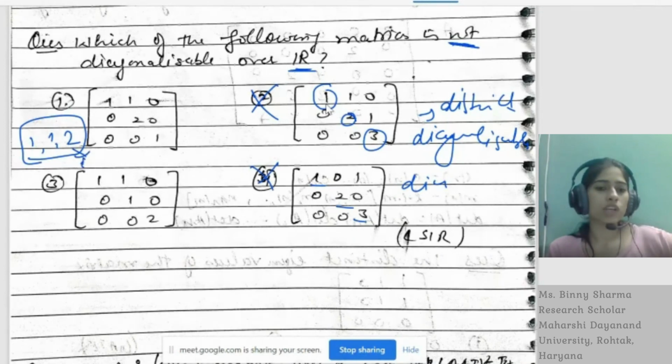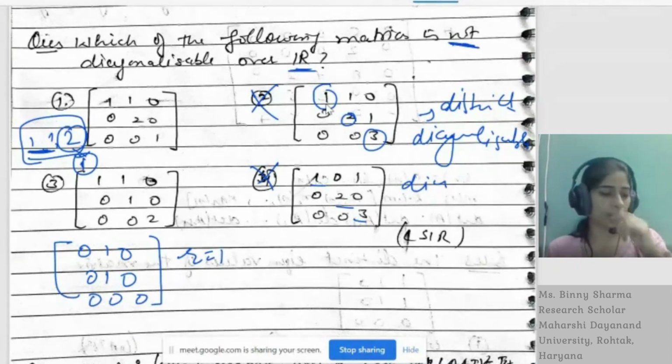Here we have to check what will be the geometric multiplicity of the eigenvalue 1. So we check the matrix A minus I. Rank is 1 and the algebraic multiplicity is 2, so n minus r is 2.